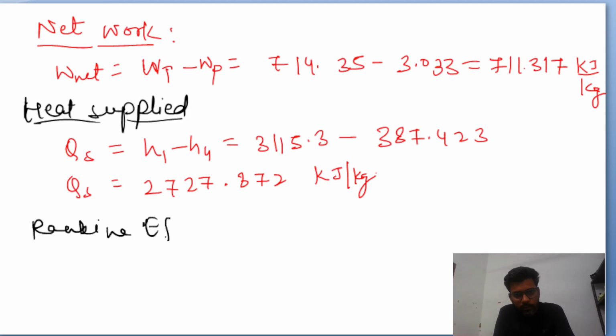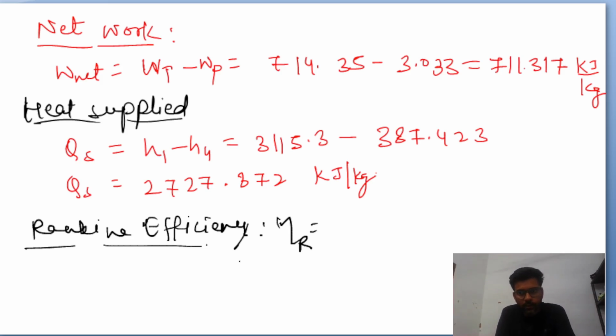Now efficiency, that is cycle efficiency or Rankine efficiency, eta R. So this is W net, that is net work, divided by heat supplied.